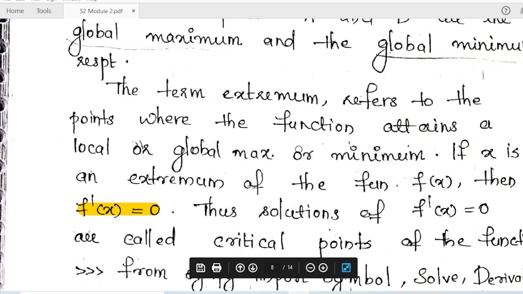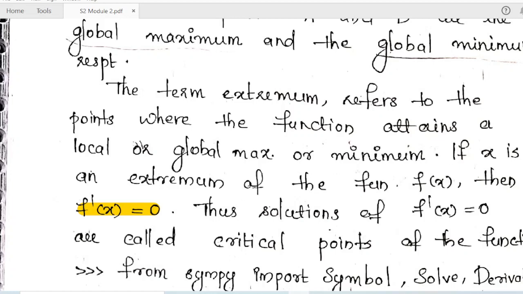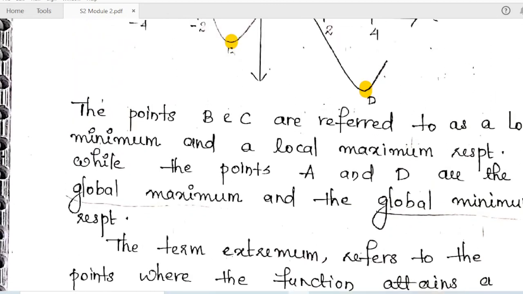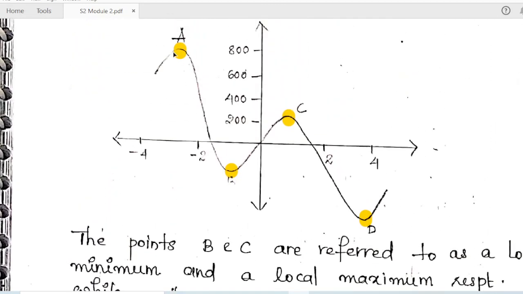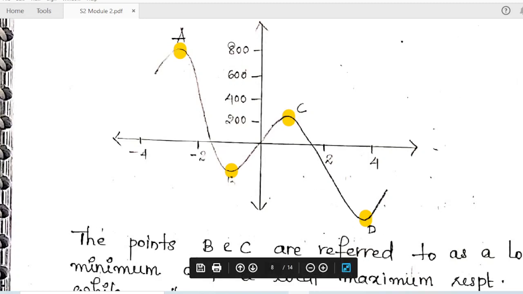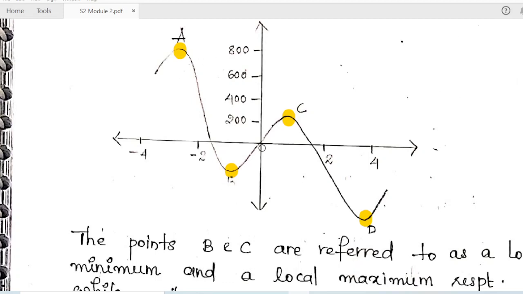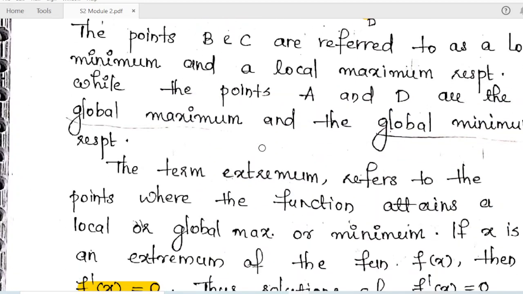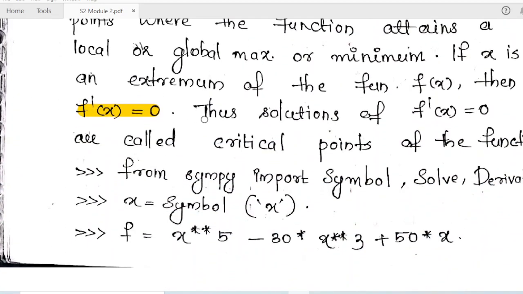A point is said to be an extremum point if it attains a local or global maximum or minimum. So the value of f dash of x at a, b, c, d is 0, because these are the points which are either local maxima or local minima or global maxima or global minima.